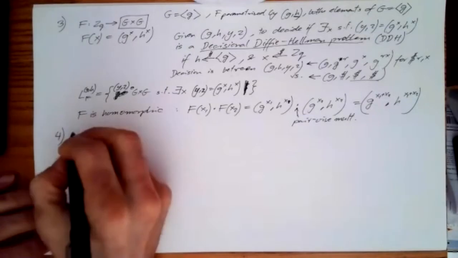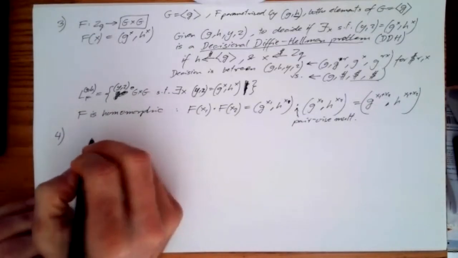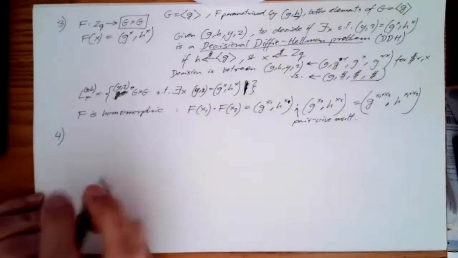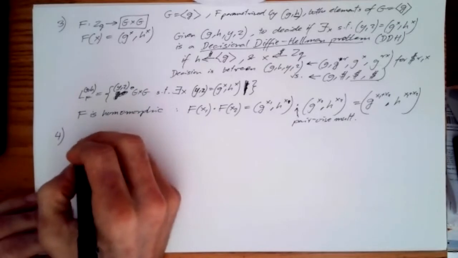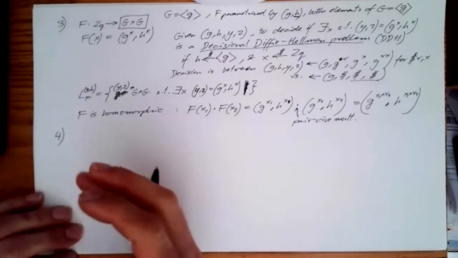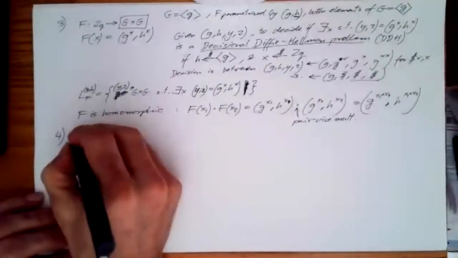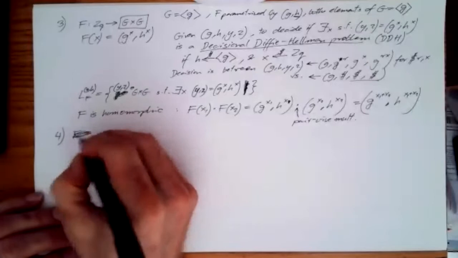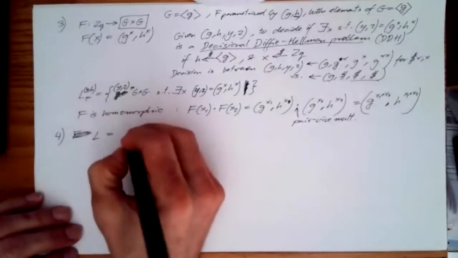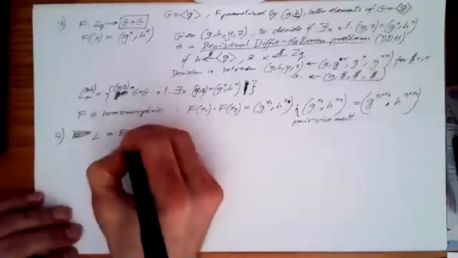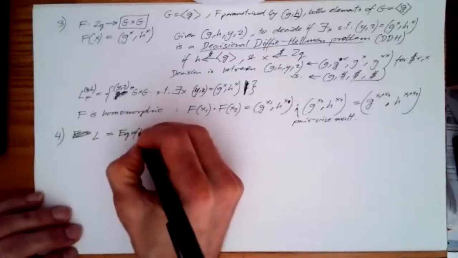Look at the application that was given as one of the examples of what kind of thing we would like to prove in zero knowledge. Think of L as the language of equality of plaintext.